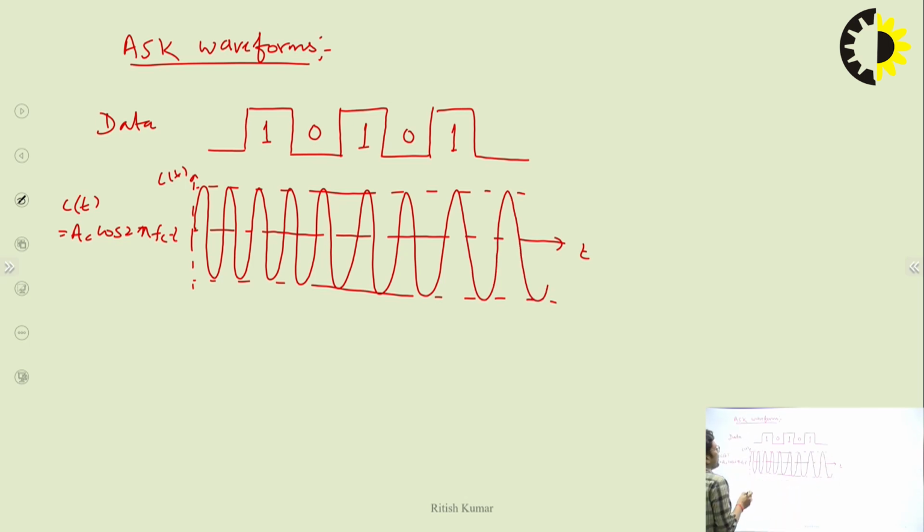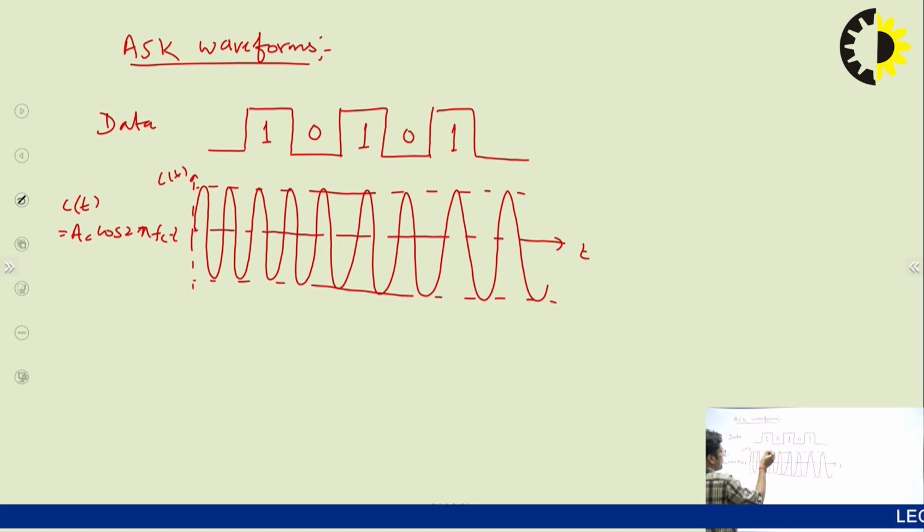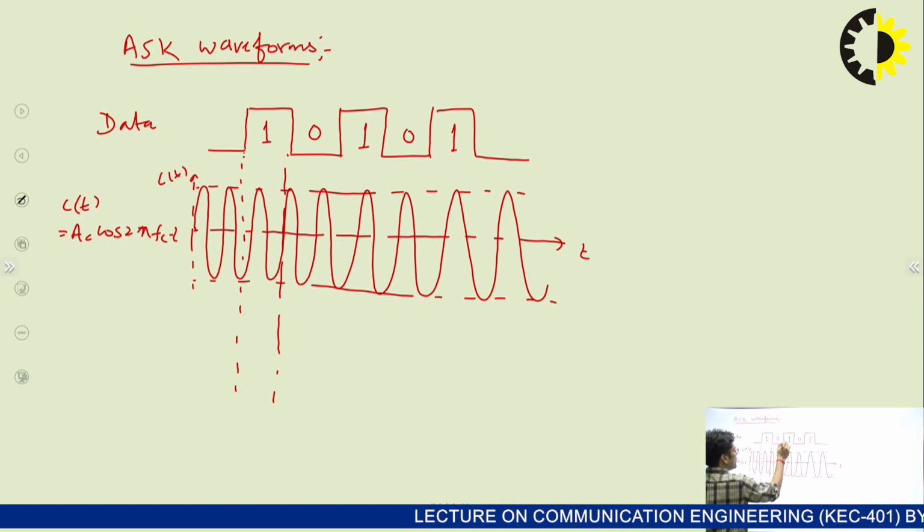So as per the definition of ASK signal, when we are transmitting the one, at the output side we will have a simple carrier waveform, while in the case of zero there is no waveform of the carrier signal at the output.